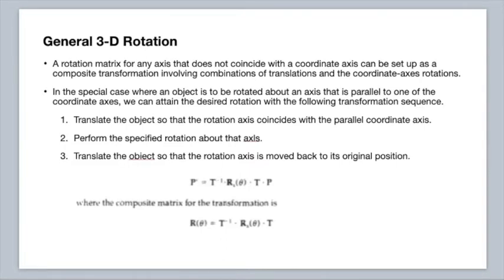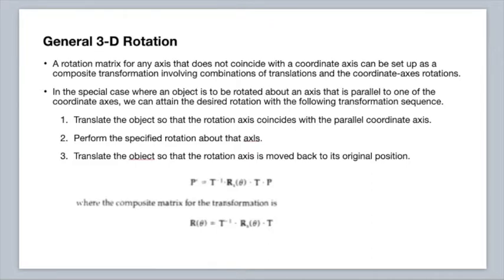First, the case where an object is to be rotated about an axis that is parallel to one of the coordinate axes. That is, if it is parallel to the z-axis, y-axis or x-axis, how are you going to perform the rotation? It will be a composite transformation.